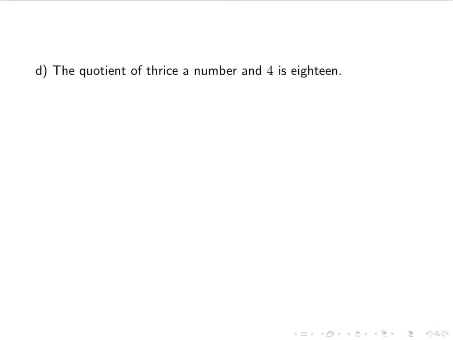The quotient of thrice a number and 4 is 18. Again, is 18. Quotient means division. So the quotient of thrice a number and 4, the division of thrice a number and 4.